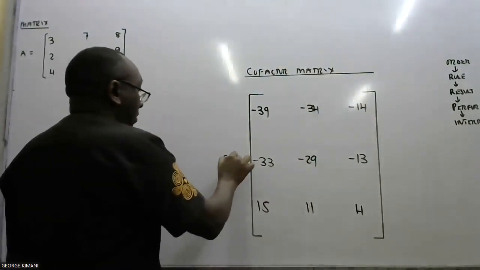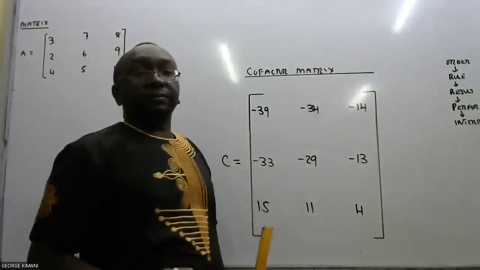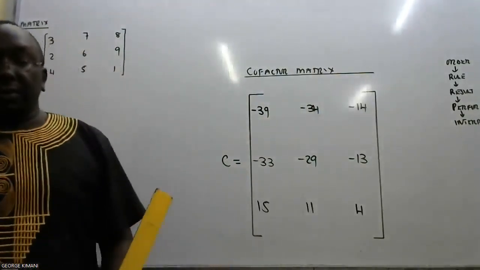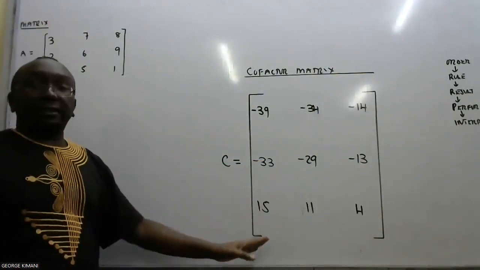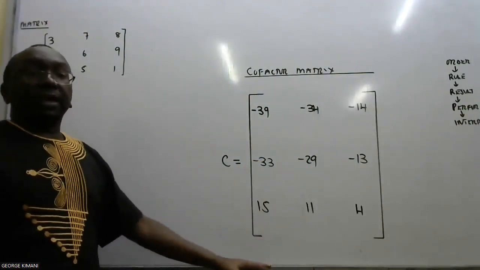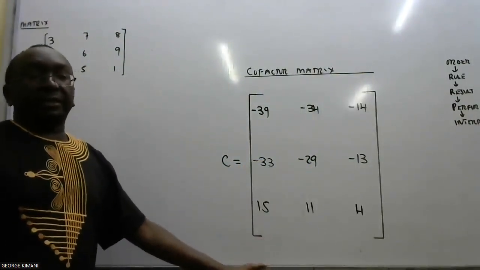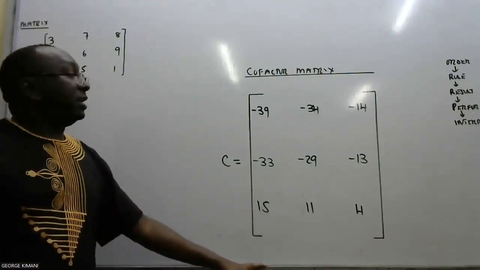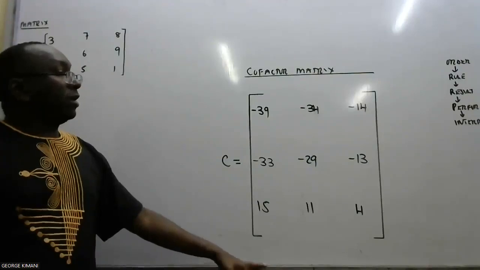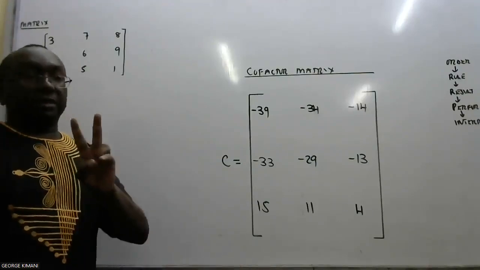And this is how the matrix is made. You just copy the minus matrix again, and then you sign it. There are rules for signing that I have given you in the notes. But for now, I just want you to grab two things.